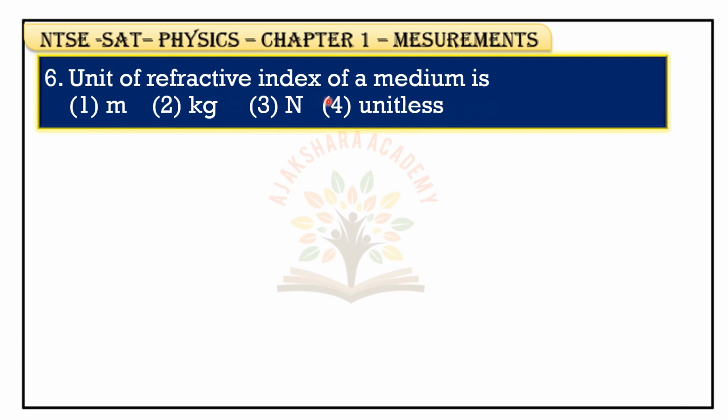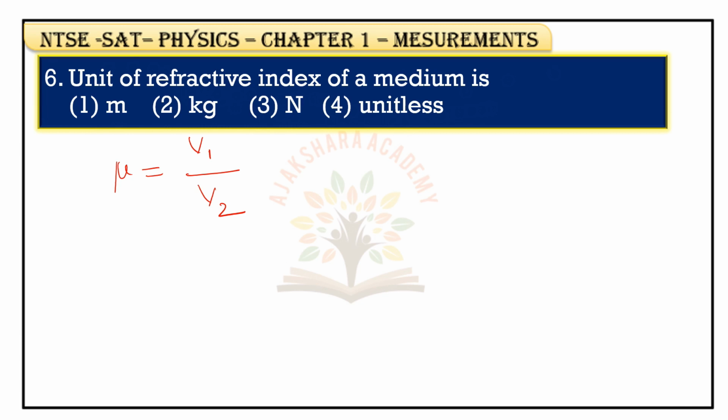Refractive index has no units, because refractive index is the pure ratio. So refractive index of a medium, mu is equals to speed of light in first medium by speed of light in second medium, or refractive index of a medium is also defined as refractive index of second medium by refractive index of first medium.